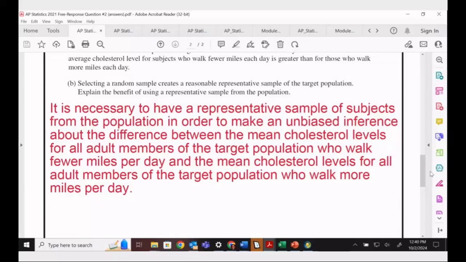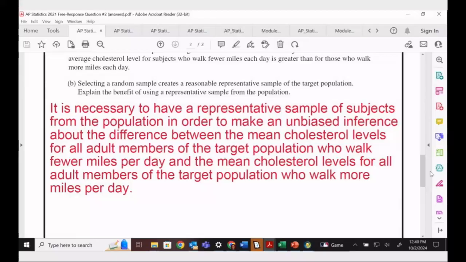You needed to hit two components in order to get full credit. Provides an explanation that the use of a representative sample is necessary in order to make a valid generalization to the target population. And they need to refer to estimation or inference for cholesterol levels in the target population or an association between cholesterol level and amount of walking.